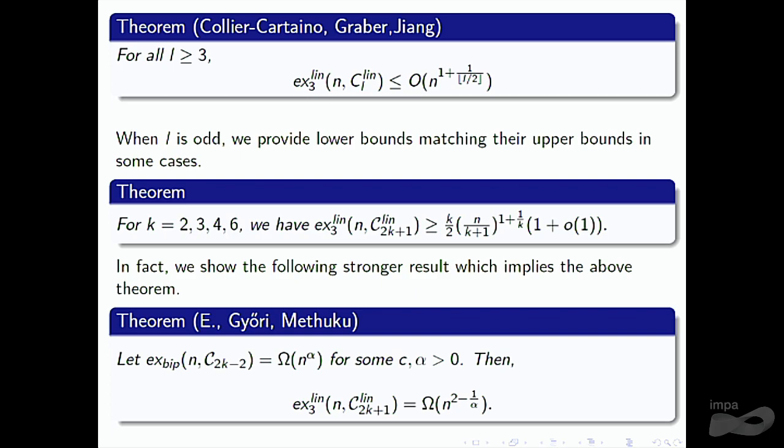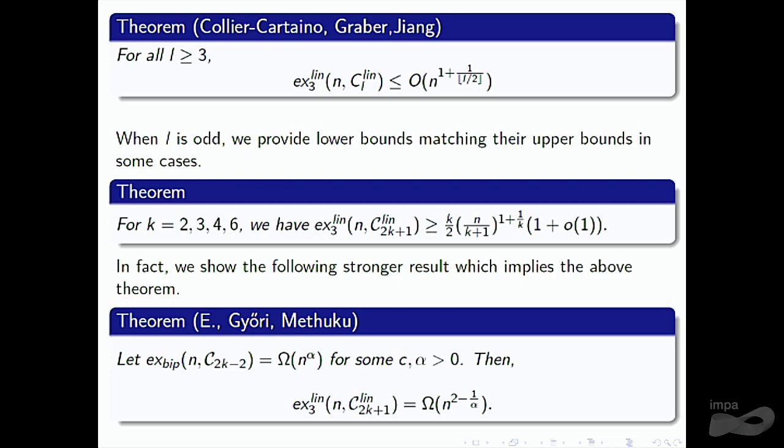One thing I had to mention: this C is script C, which means that it forbids not only the linear cycle C2k plus 1, but all the odd cycles shorter than C2k plus 1. So the construction does not have any odd cycles shorter than C2k plus 1. And here only one odd cycle is forbidden.